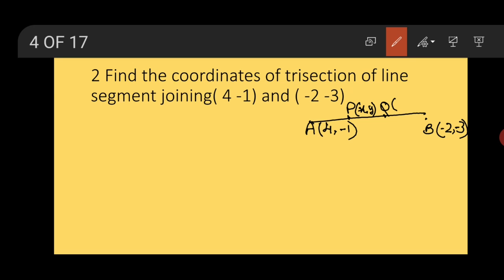So take this as point P and this as point Q. Let the coordinate point of P be x, y, and the coordinate point of Q be capital X, capital Y. First we have to find the coordinate point of P, x, y. Later we have to calculate the coordinates of point Q.